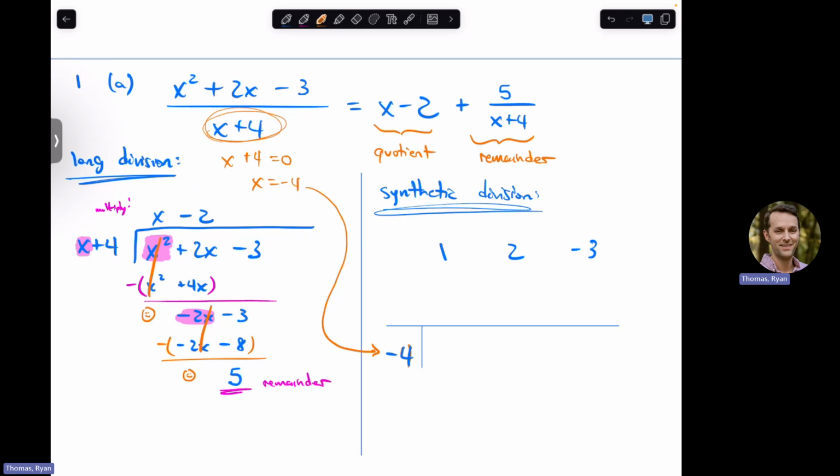I said this in the video too, but synthetic division is a little more artificial, so it goes a little faster. It feels more efficient, but it's also going to feel a little more like, why does this happen? The reason it happens is because it works. Either way, you're just going to have to do it a few times before it really clicks. In synthetic division, we carry down. So start by bringing that down, which is 1.